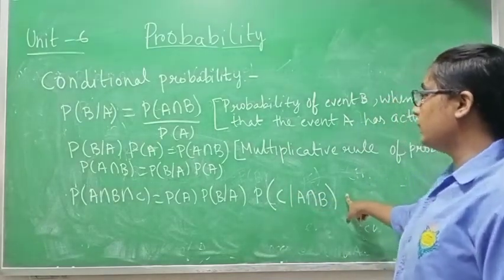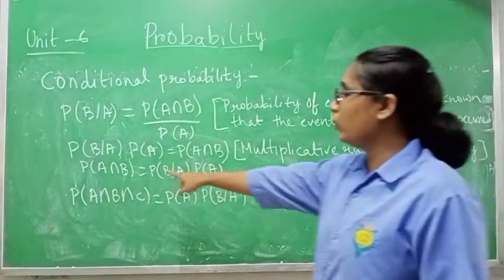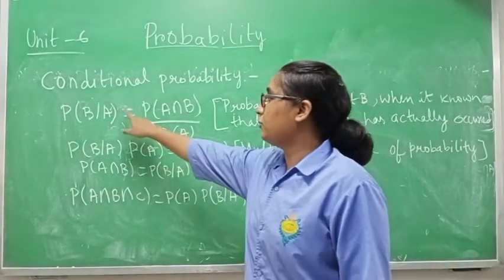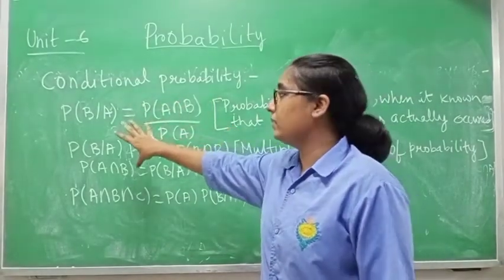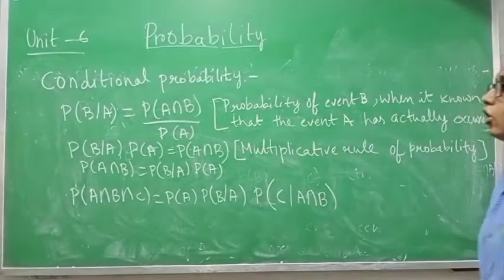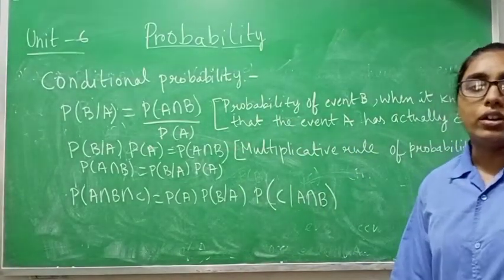Okay, this is the multiplicative rule for 3 events occurring, and this one is for 2 events A and B occurring. And where are we getting it from? From conditional probability. Conditional probability means P(B by A), the probability of event B when it is known that A actually occurred.